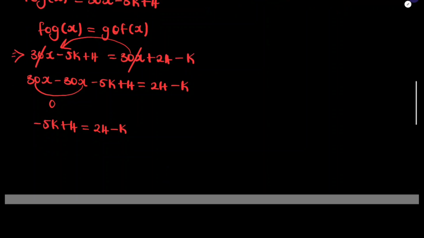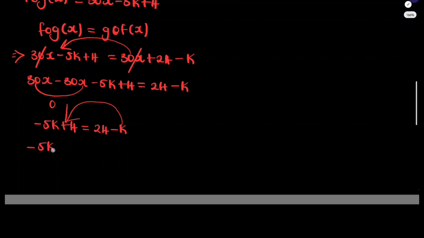So now we have to bring like terms together. First we bring all the k's to one side. So we have minus 5k plus k, so this is minus k. When you send it over, it's going to become positive k.